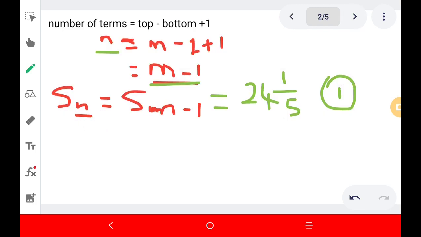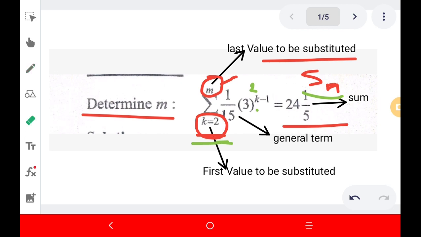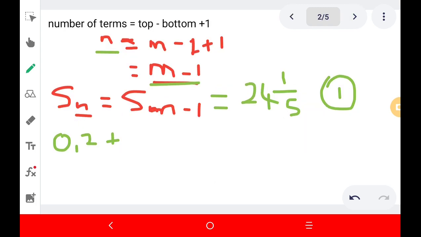If I type that in my calculator, it gives me 0,2 plus. Next, the value after 2 is 3. If I put a 3, it gives me 0,6. I also put a 4, and it gives me 1,8 plus.